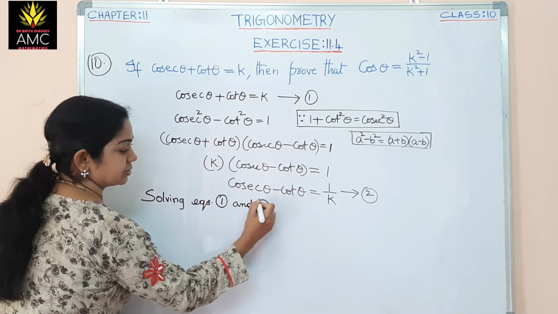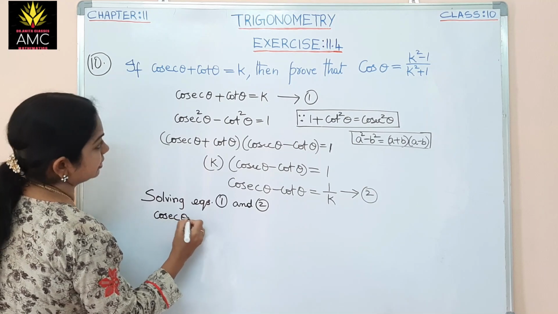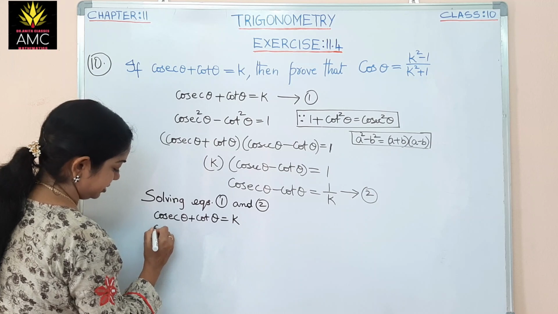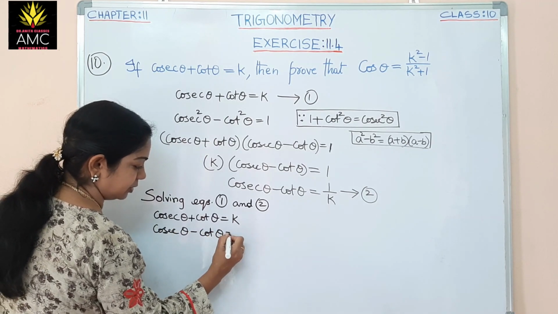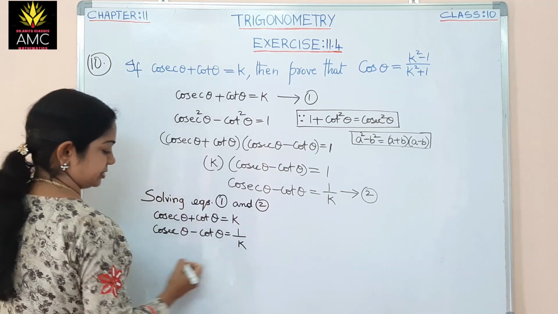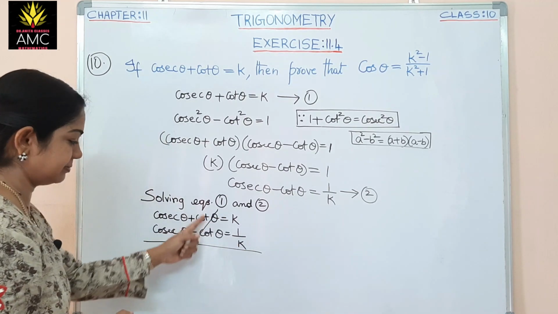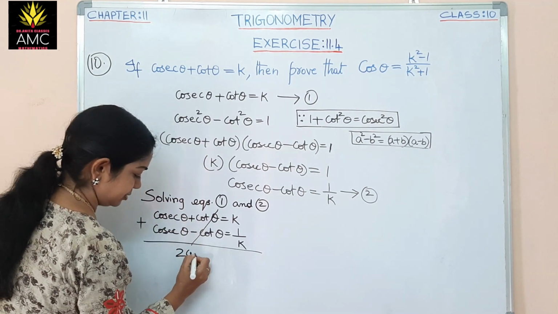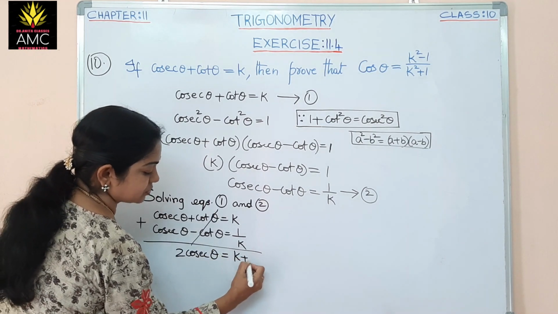Cosecant theta plus cot theta is equal to k is the first equation, and cosecant theta minus cot theta is equal to 1 by k is the second equation. Now, we will solve this by adding. You can cancel off plus and minus, so 2 cosecant theta is equal to k plus 1 by k.